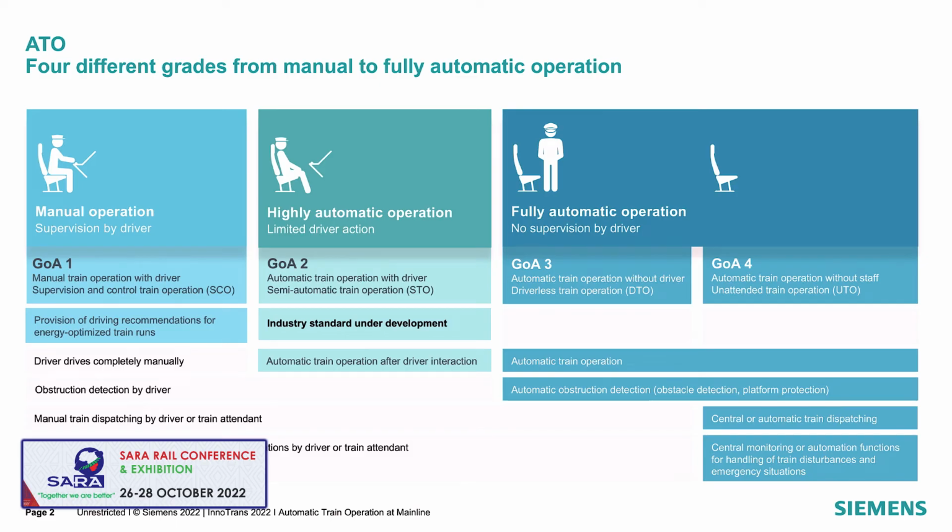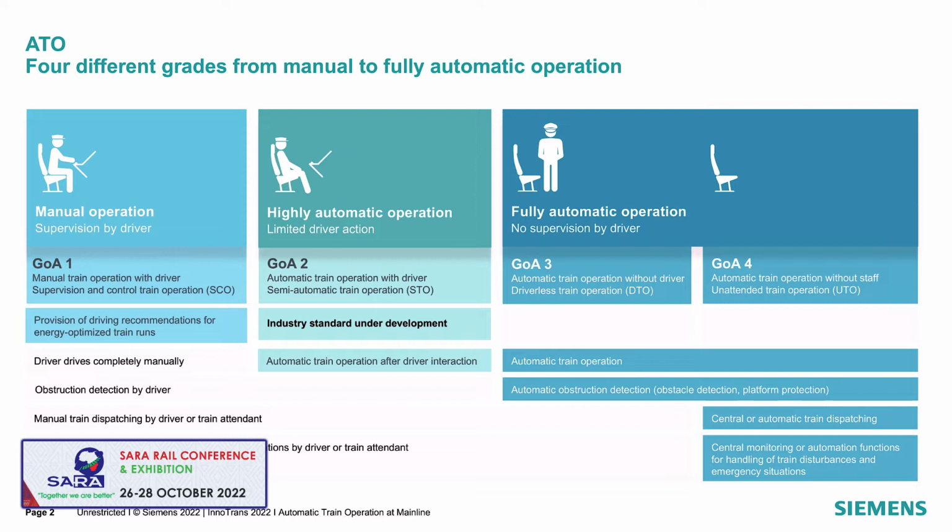And the next step is that even the manual train dispatching is no longer done by a train driver or, let's say, a conductor in the train. There's a centralized timetable-based control system which takes care that the train follows exactly the timetable.